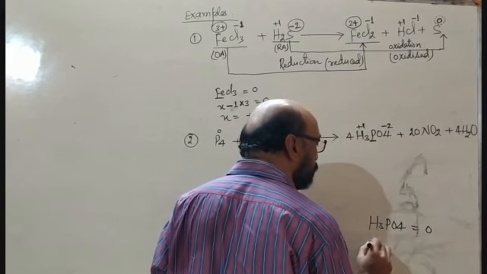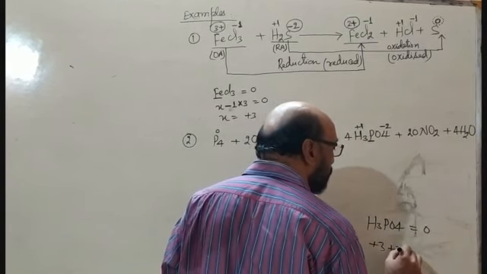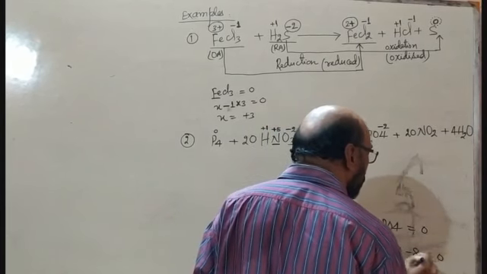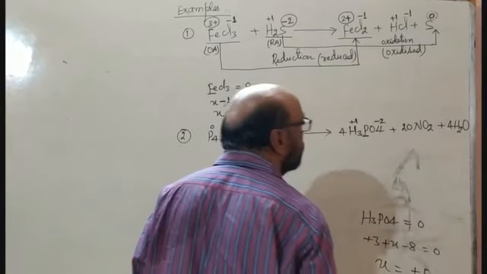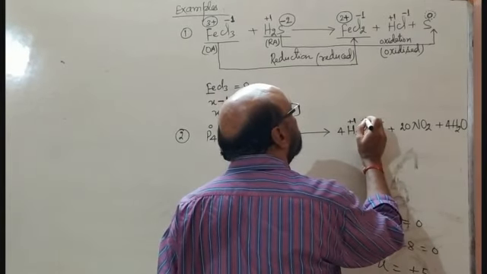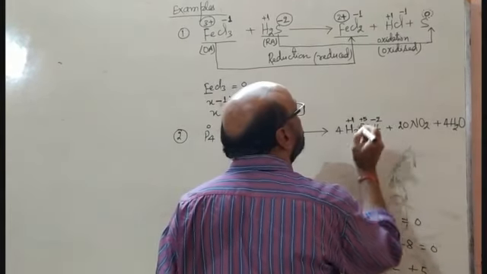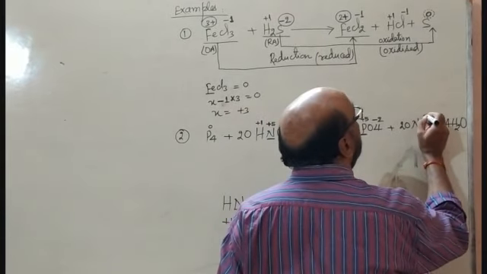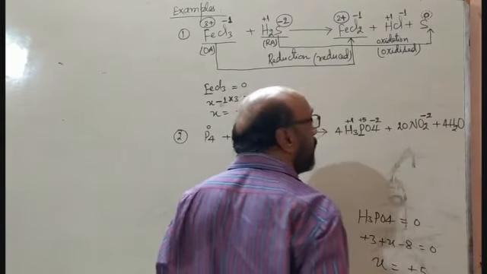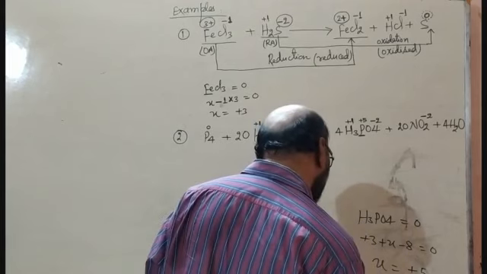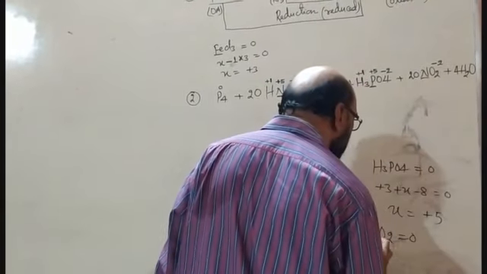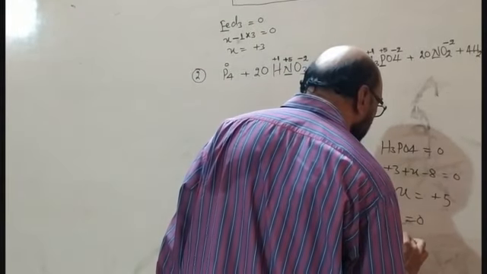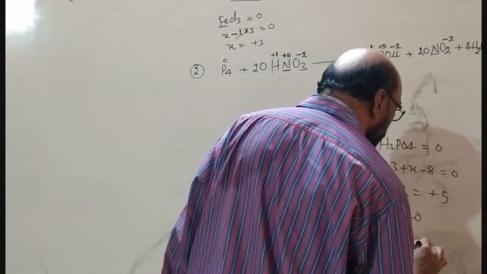H3PO4 is equal to 0. +3 plus X minus 8 is equal to 0. X is equal to +5. Here the oxidation state of phosphorus is +5. Here the oxidation state of oxygen is -2. Now calculate the oxidation state of nitrogen in this compound. Let X, -2 into 2 is equal to 0.